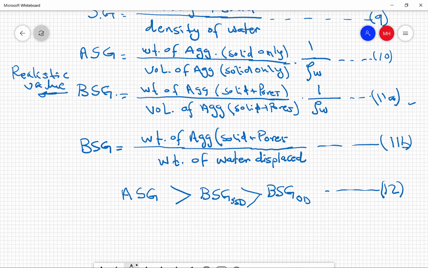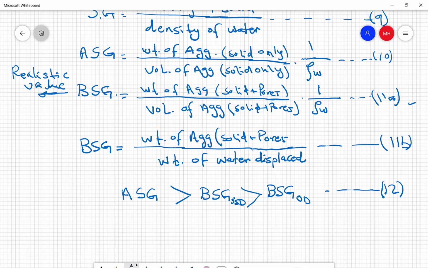Since the porosity of most rocks used in concrete as aggregates is only on the order of 1 to 2%, the values of the specific gravities are approximately the same.